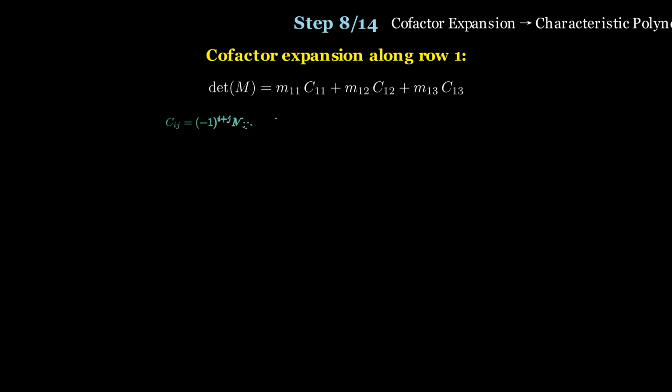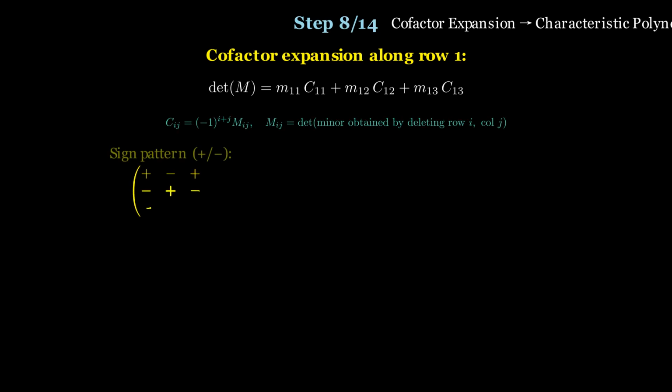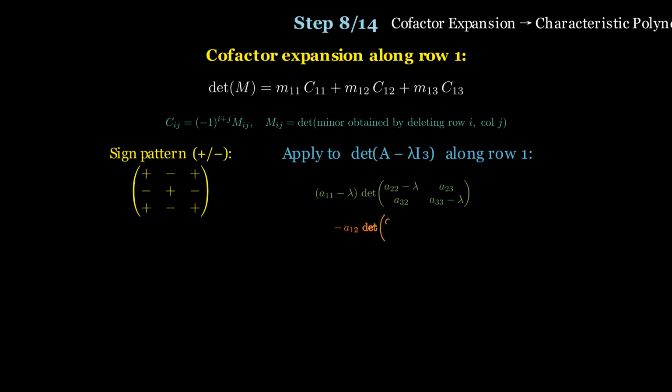Step 8. Part 2. The rigorous way to expand any determinant is cofactor expansion. Along the first row, multiply each entry by its cofactor. The determinant of the 2x2 minor after deleting that entry's row and column, times the sign given by -1 to the power of row plus column.